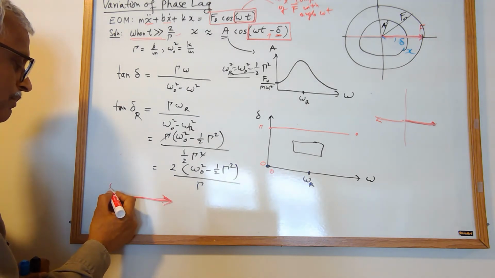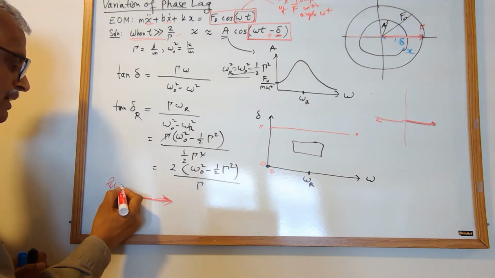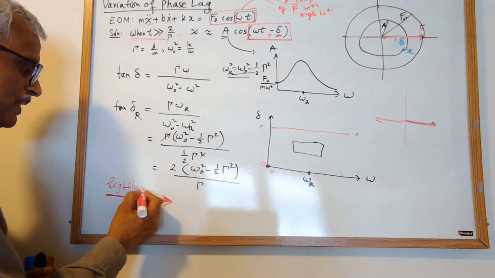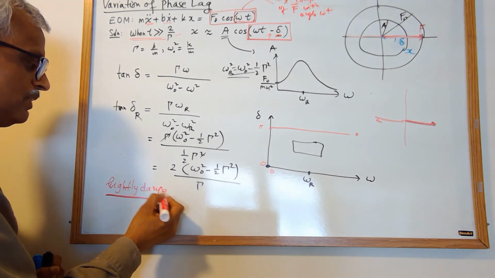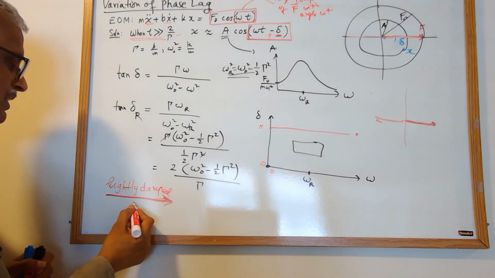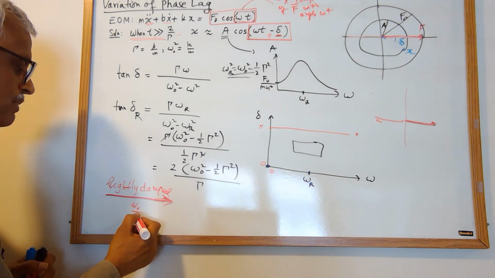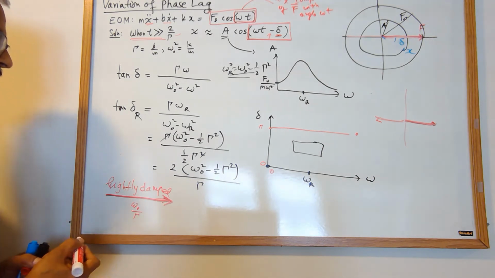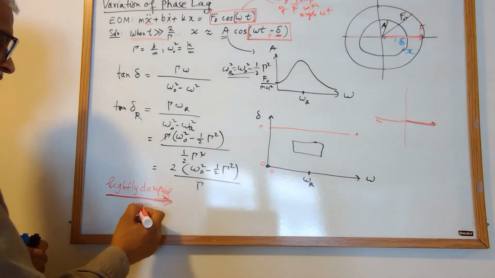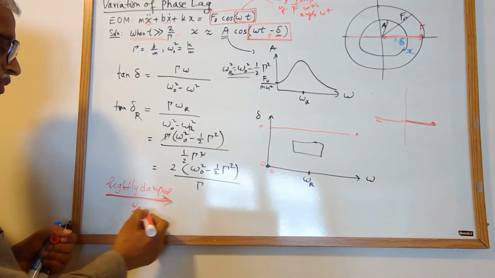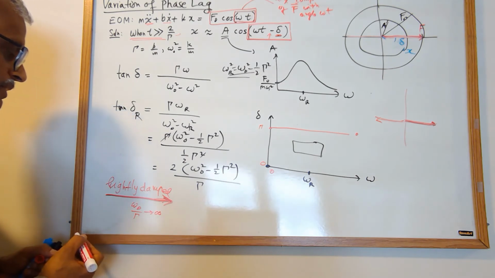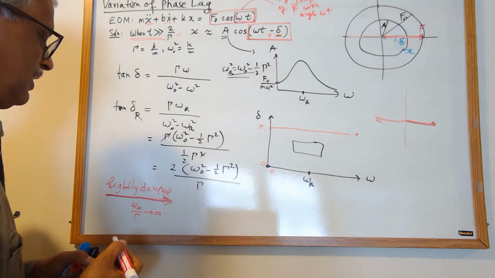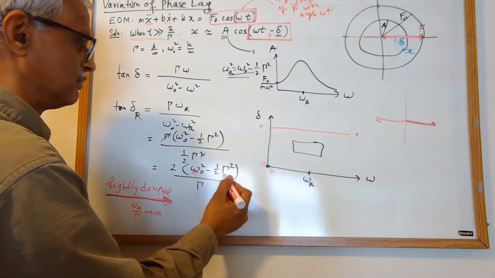That kind of oscillator is called a lightly damped oscillator. If I look at lightly damped, what I mean is omega naught over gamma is going to infinity. Omega naught is way bigger than gamma.